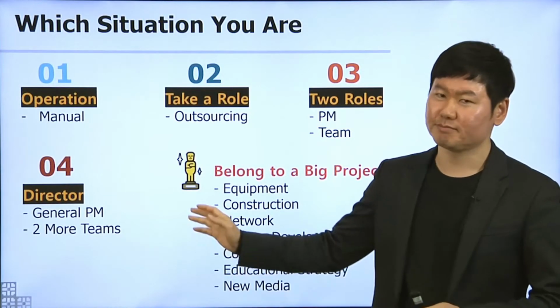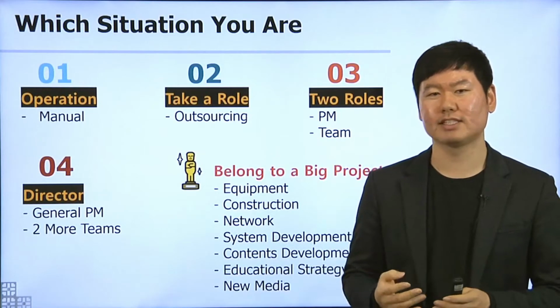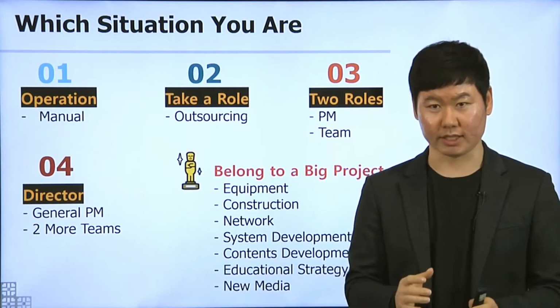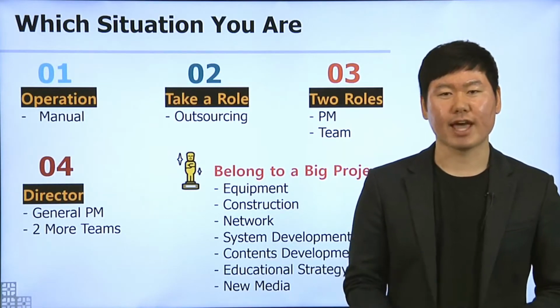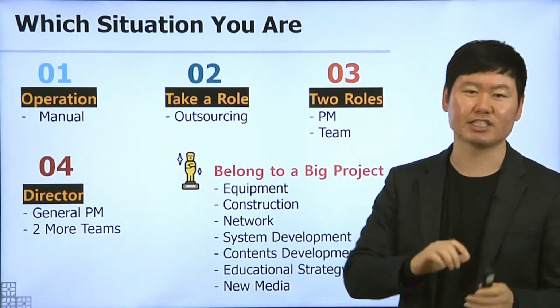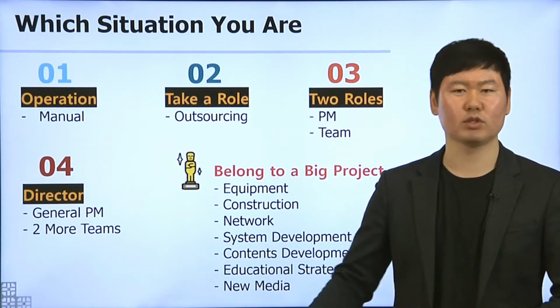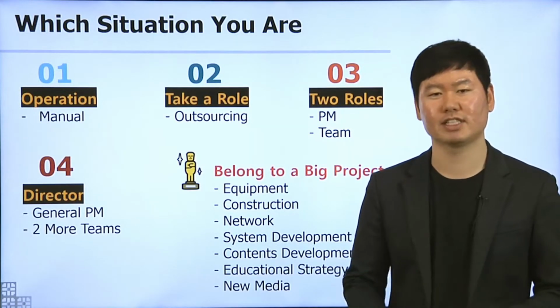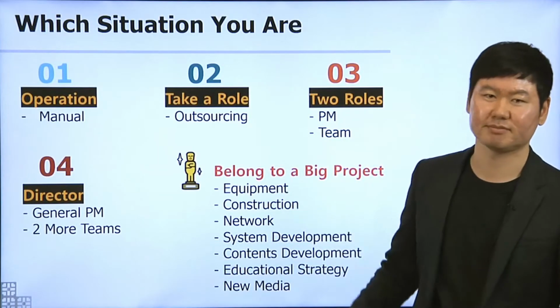A director position can take 3 or 4 content development projects at once with several teams. After that, workers can take a big project. It is related not only to content development, but also involves equipment, construction, system development, and others.